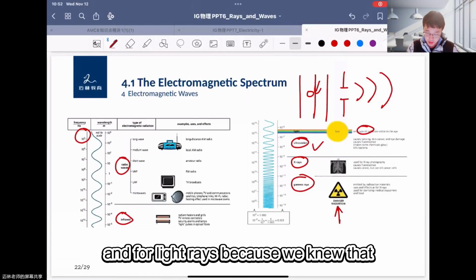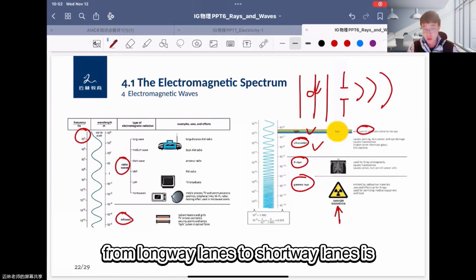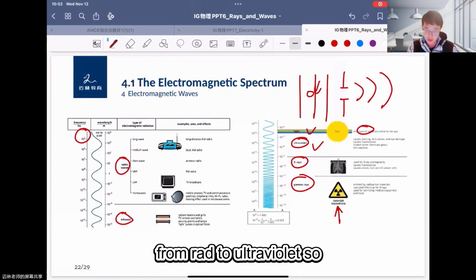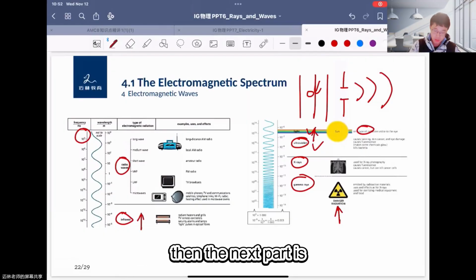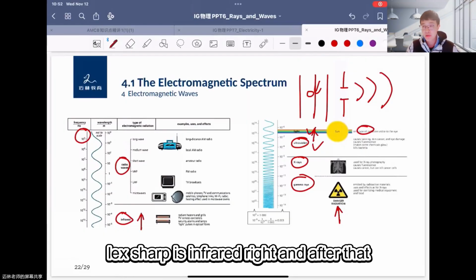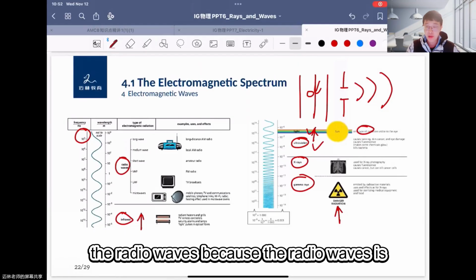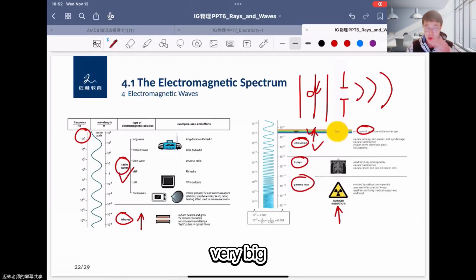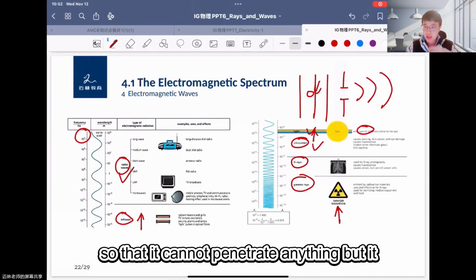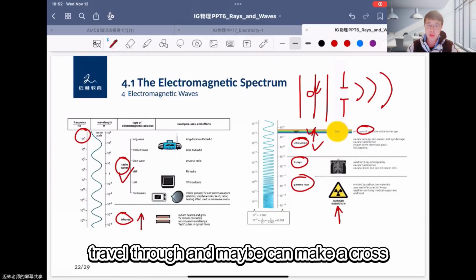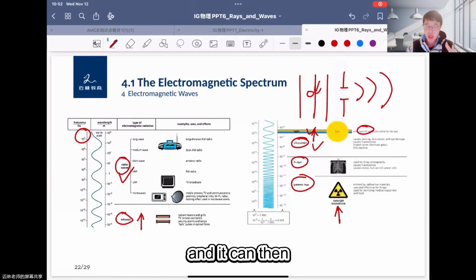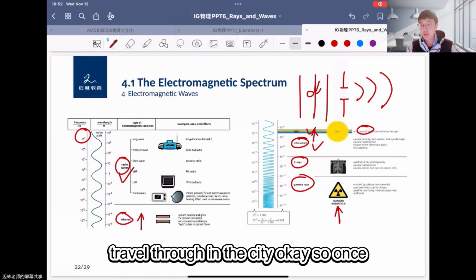For light, from long wavelengths to short wavelengths is from red to ultraviolet. So ultraviolet then goes to visible light, and the next is infrared, right? And after that, the radio waves. Because the wavelength of radio waves is very big, they cannot penetrate anything, but they can travel around and through the city.